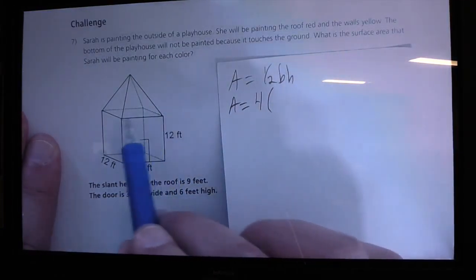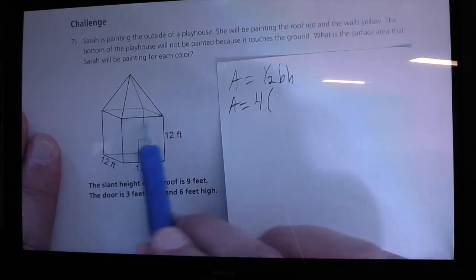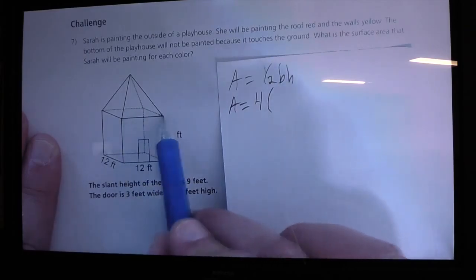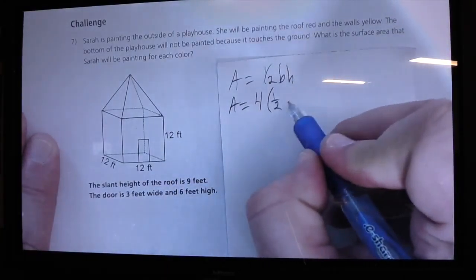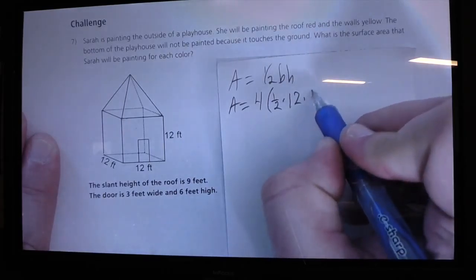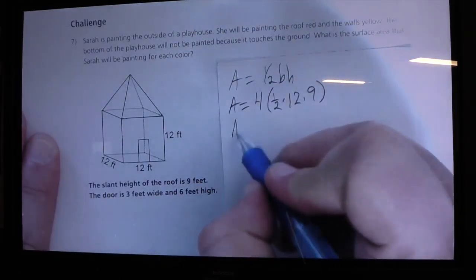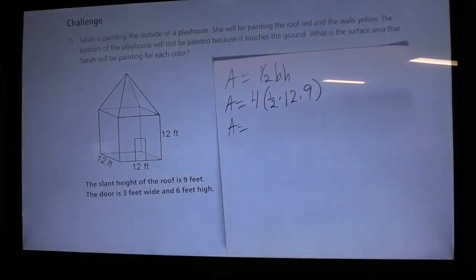And we can see the base here is 12 feet because this side is congruent to this side. So we can say 1/2 times 12 times 9. I'm just going to go ahead and work that out as easily as I can.